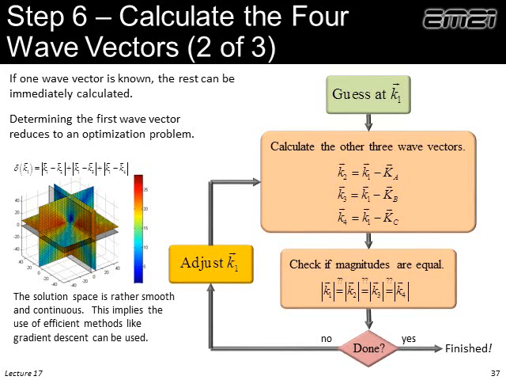We'll make a guess somehow, and we'll use gradient descent or a similar optimization algorithm to tweak that value of K1 until all the magnitudes are the same. So it's a numerical process, but we can do it. It's pretty easy, and we can calculate the 4 wave vectors that will give us those 3 grating vectors doing this.